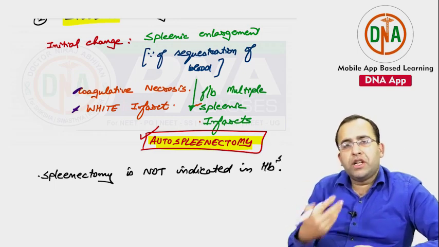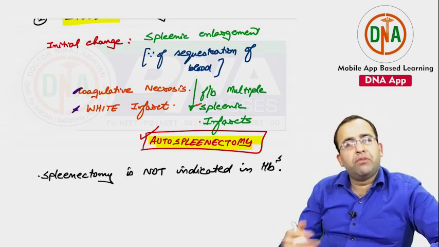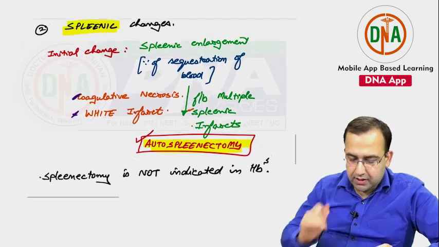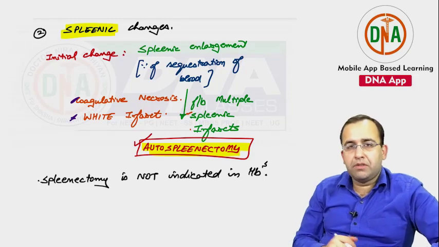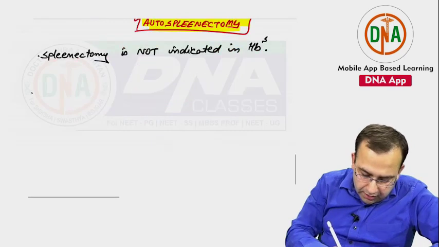Why do you want to charge the patient for something disease will do free of cost? This is the second clinical feature, that is splenic changes.